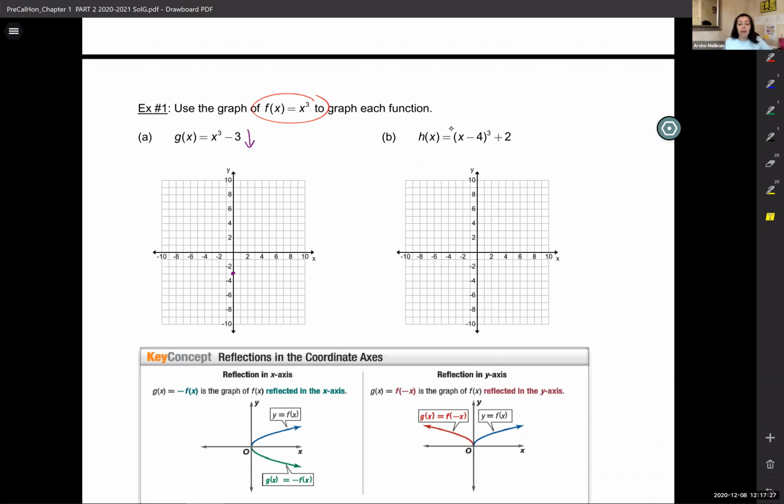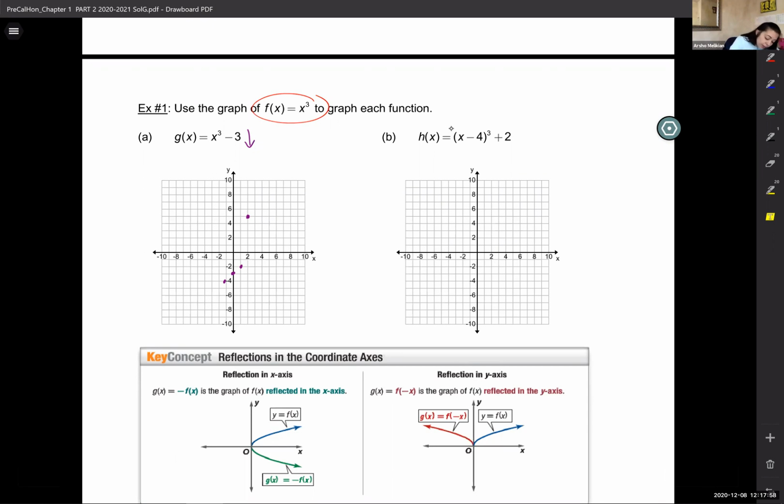It's up to you. One way is just pick points. When x is 1, y is negative 2. When x is 2, y is 2 cubed minus 3, which is 5. And then you have to mirror the points to the other side.